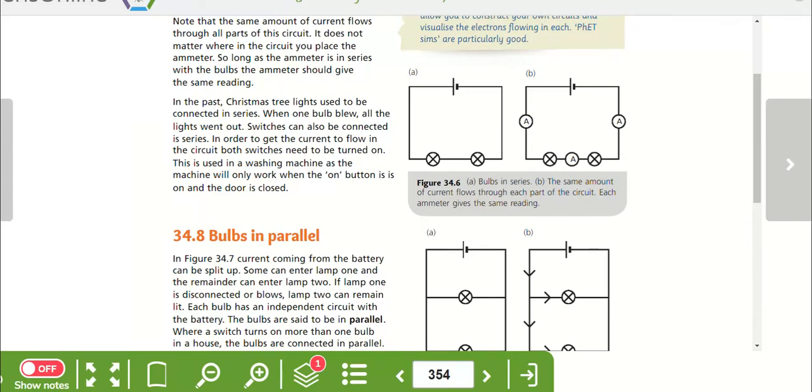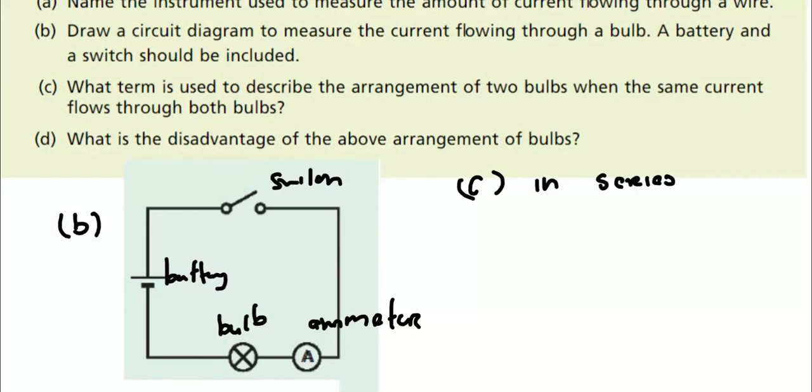Okay, so we have a series circuit. What's the disadvantage of the above arrangement of bulbs?